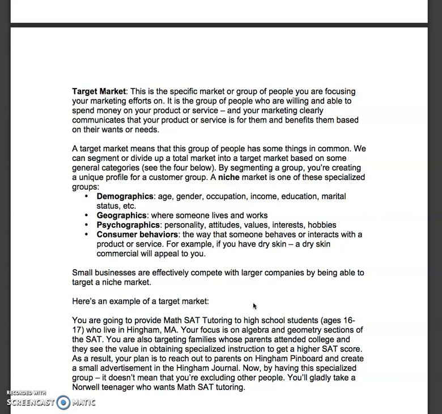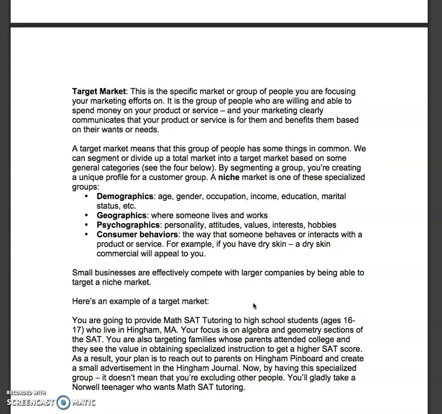Now you're also targeting families whose parents value education or attended college, who see the value in trying to get a higher SAT score.